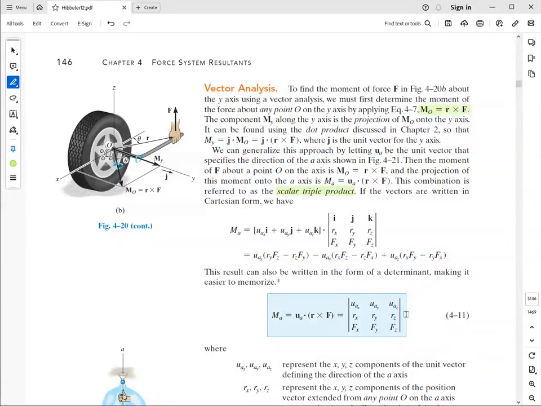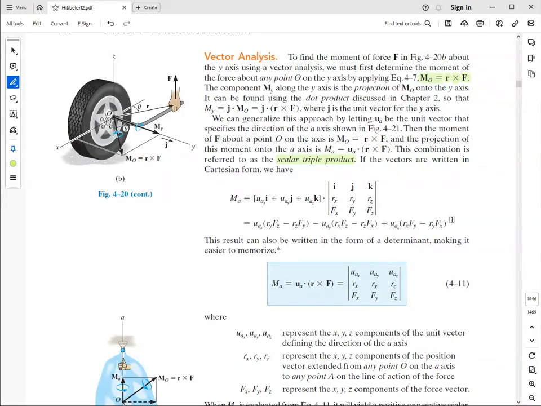This can be done using the scalar triple product. We evaluate the moment about point O, the way we learned with the determinant, and then we pre-multiply, as in a dot product, with the unit vector associated with the axis about which you want to evaluate the moment.